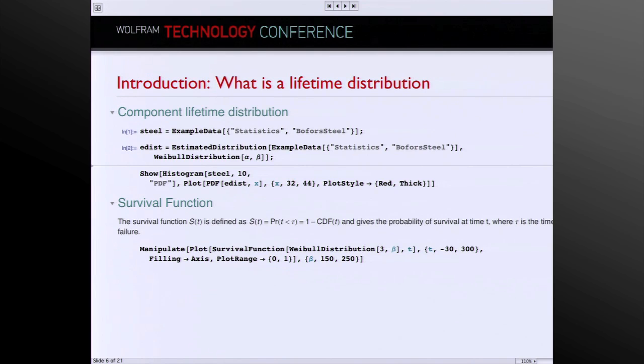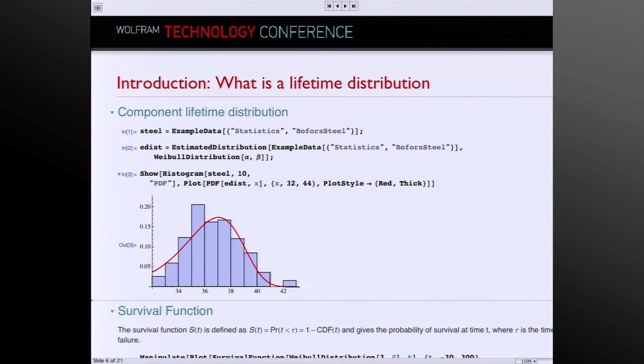A Swedish mathematician named Weibull came up with this during the 50s, but the roots of this are even older. And he looked at some steel from a Swedish defense provider, Bofors, and it just so happens that this is part of the example data.